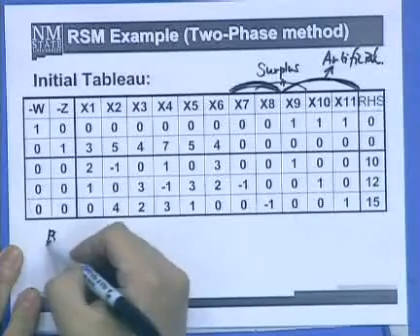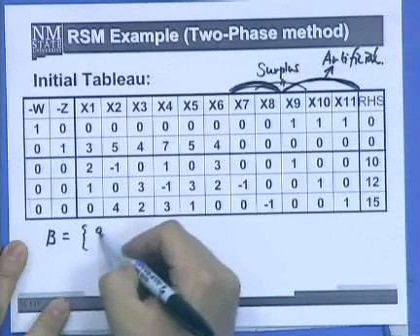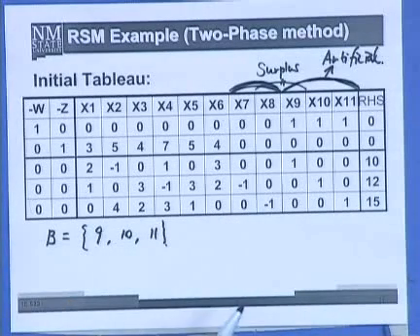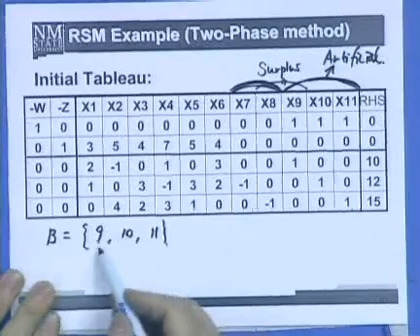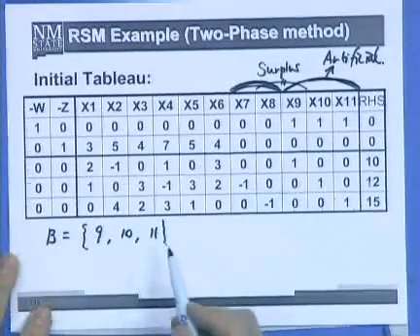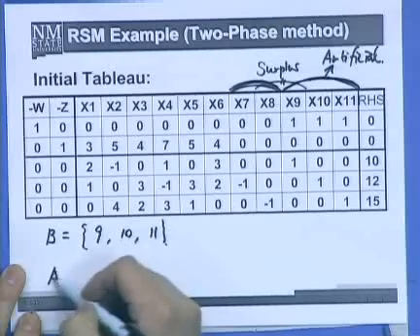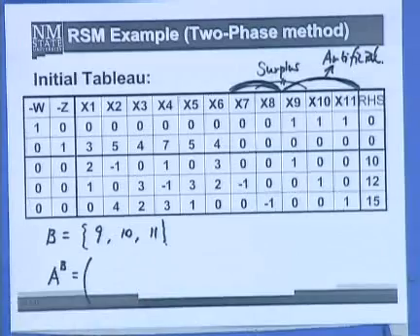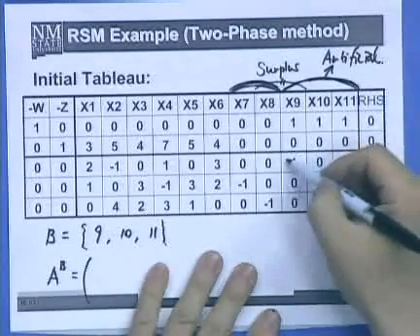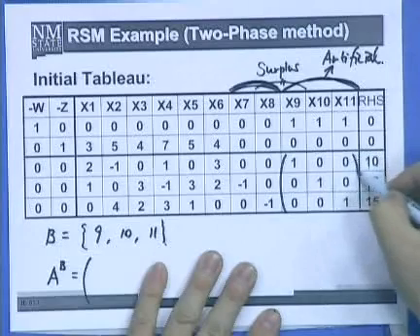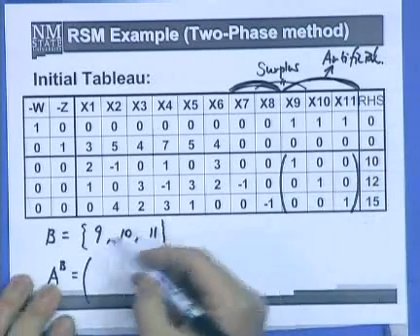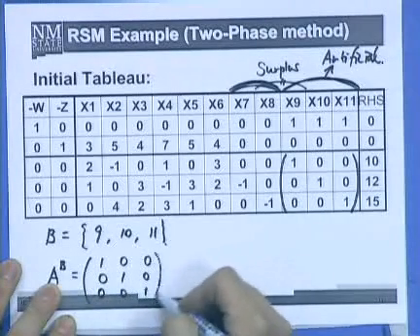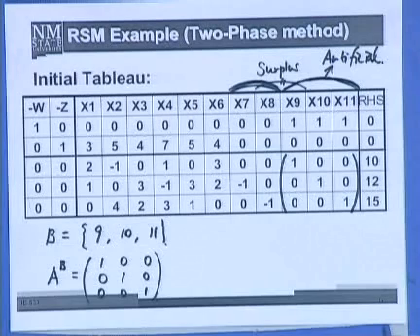And the initial basis set B is 9, 10, 11. Okay? And the basis set B equals 9, 10, 11 tells us the basis matrix A superscript B is this 3 by 3 matrix, right? 1, 0, 0, 0, 1, 0, 0, 0, 1. You remember?